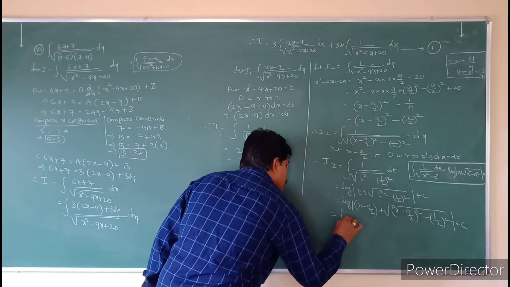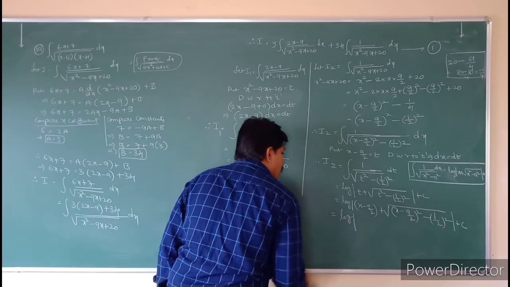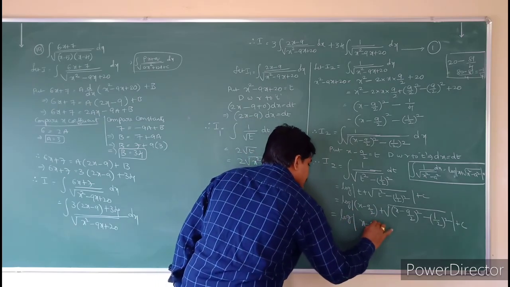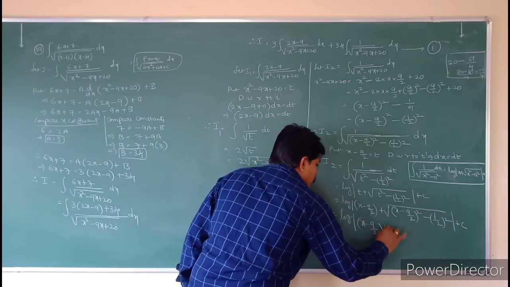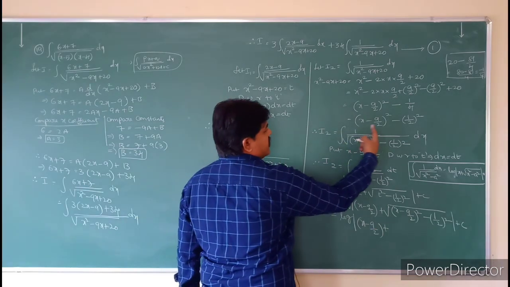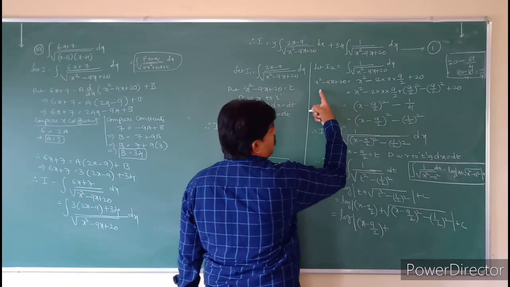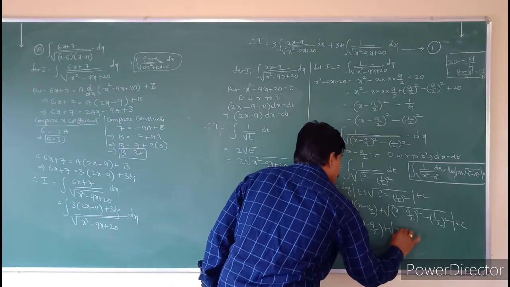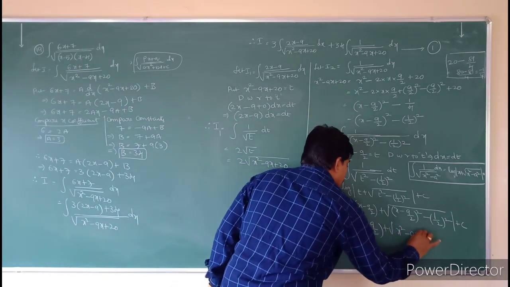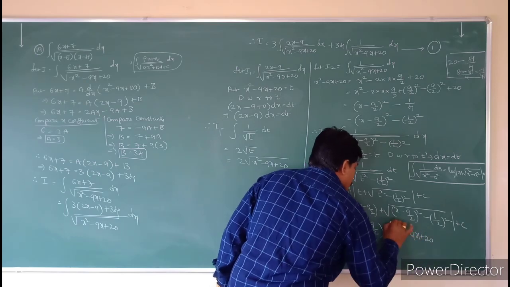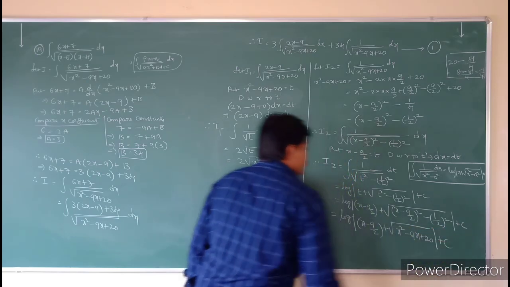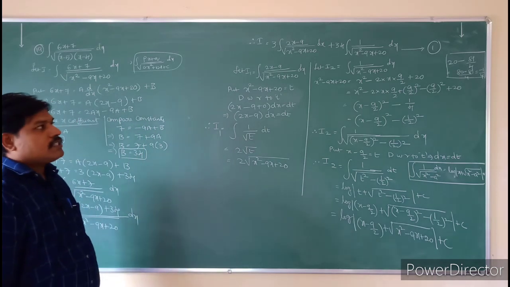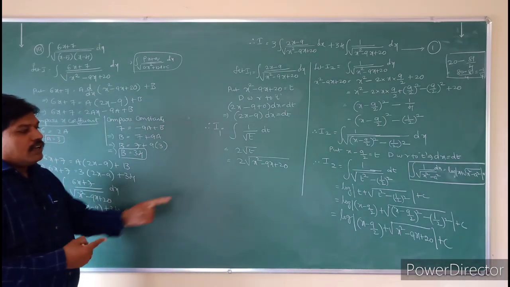So that is equal to log mod x minus 9 by 2 plus root of x minus 9 by 2 whole square minus 1 by 2 whole square, which is nothing but x square minus 9x plus 20. So you can replace this value, x square minus 9x plus 20, plus c. So that is the log value.